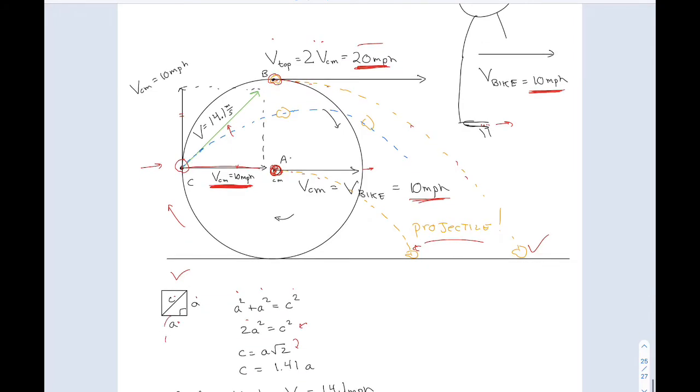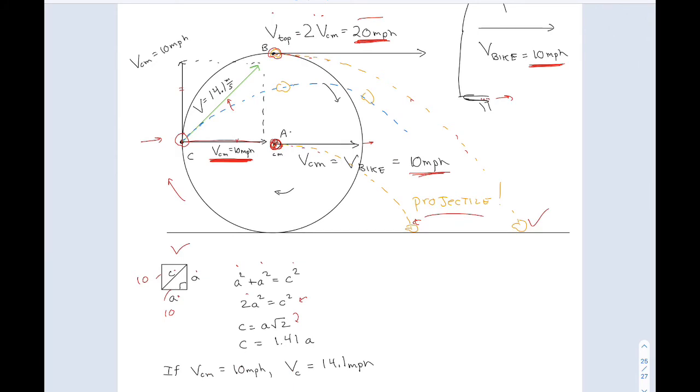So if this is 10 miles per hour, and that's 10 miles per hour, my picture up there, then this green one there would be V center of mass, which is 10 miles per hour times the square root of 2. And that's 14.1 if I do that in a calculator.